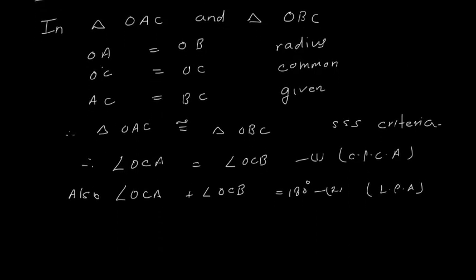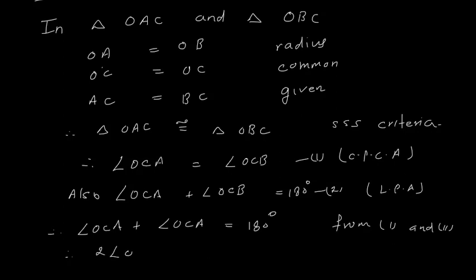So therefore angle OCA plus angle OCB, which I will replace with angle OCA, equals 180 degrees. I can say this from 1 and 2. Therefore 2 times angle OCA equals 180 degrees.